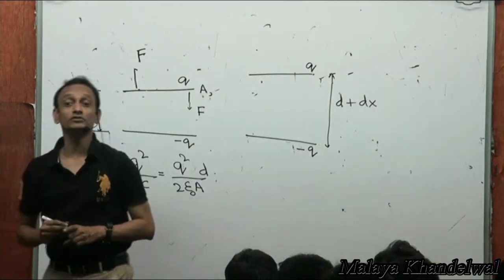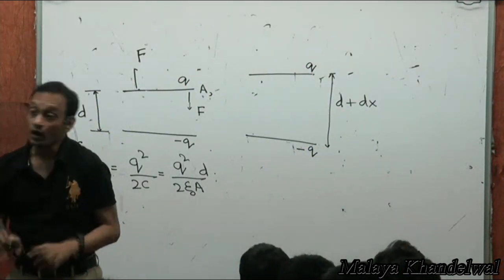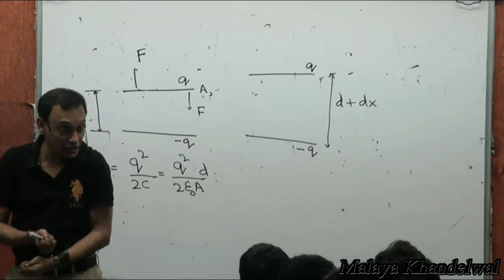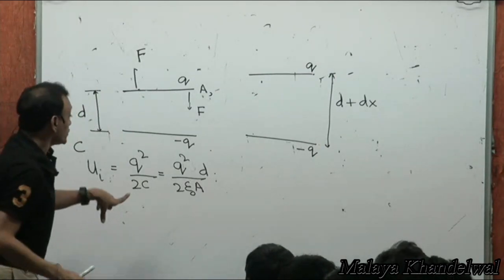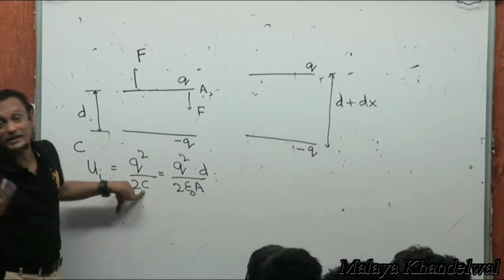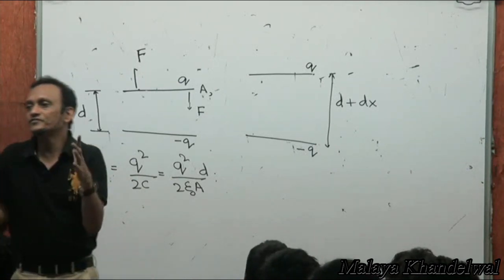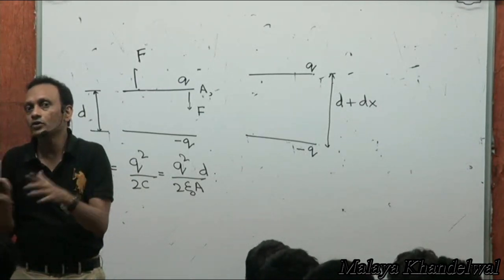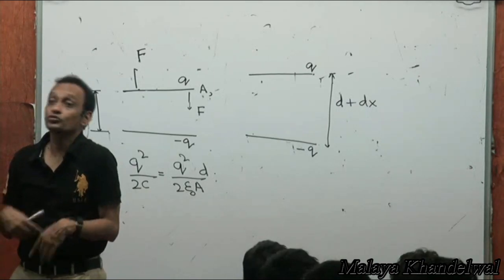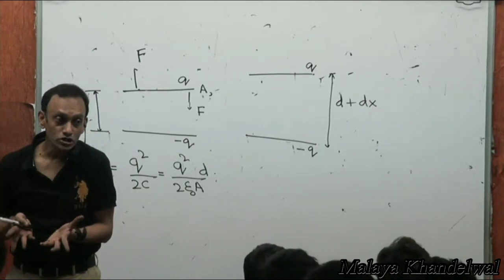It will remain the same, where does it have to go? Until and unless I had a battery connected, which in response to change of capacitance will cause charge to flow, maintaining the potential difference constant. Until then, if these two plates are isolated and not connected through a battery, the charge will remain preserved. The charge will not change.